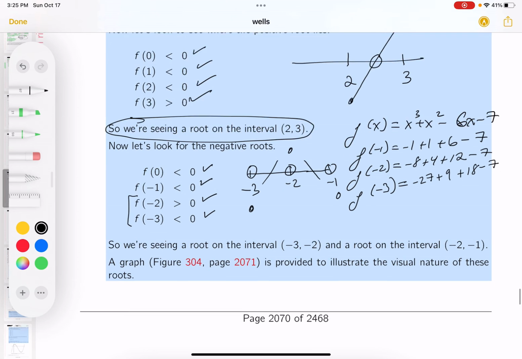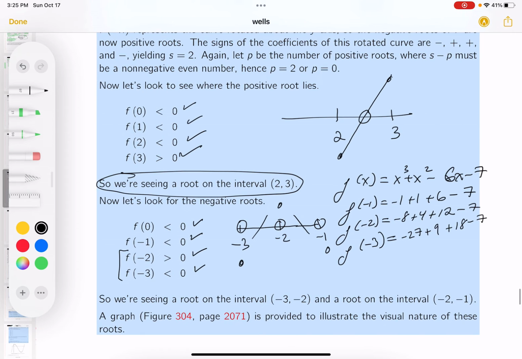So now I know. What do I know? I'll put the picture down for you. Between 2 and 3, it's puncturing it. At 0, I know it's negative. Between minus 1 and minus 2, I know this. You know what? I get a better picture. Let me erase this. This is not a good picture.